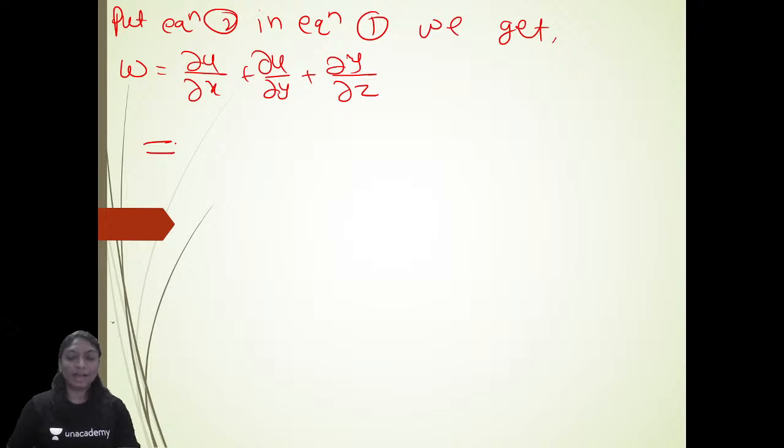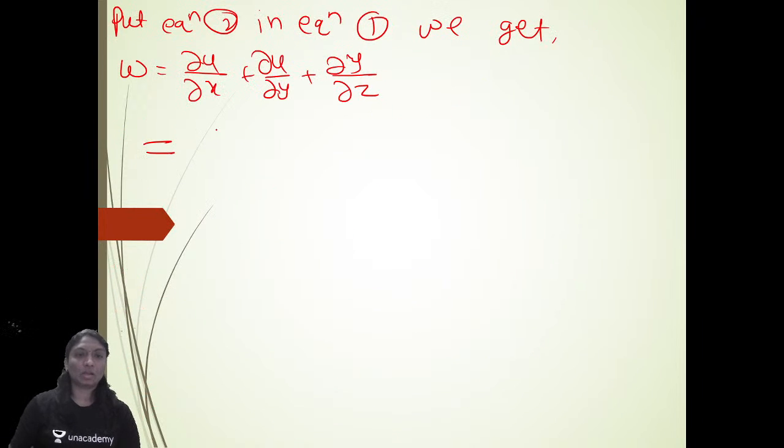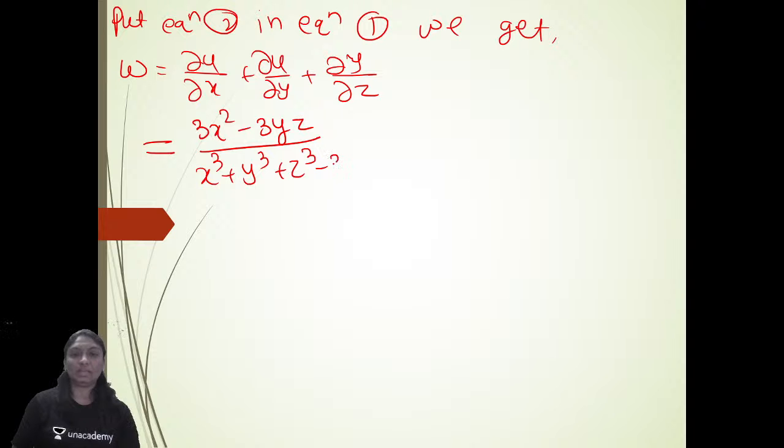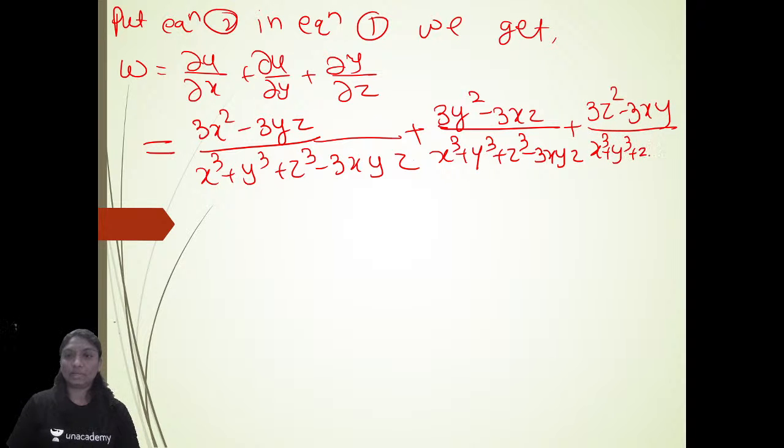Okay, just put all the values here. ∂u/∂x is 3x square minus 3yz upon x cube plus y cube plus z cube minus 3xyz, right, plus 3y square minus 3xz upon x cube plus y cube plus z cube minus 3xyz, plus 3z square minus 3xy upon x cube plus y cube plus z cube minus 3xyz, right.